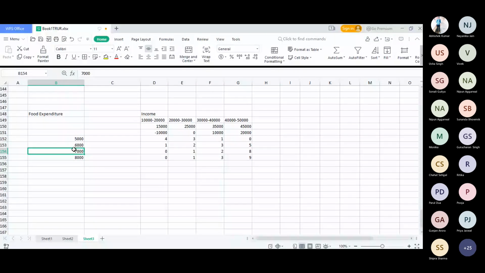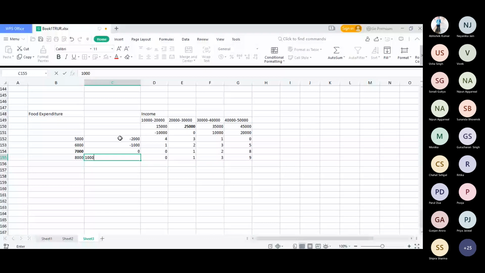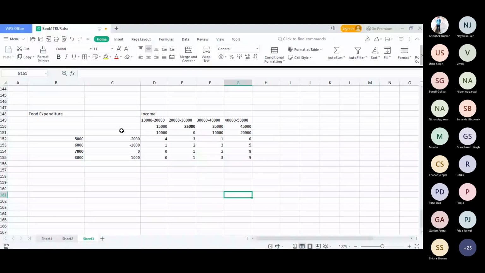So we are taking 7,000 as the assumed mean here. For dx we have taken 25,000 as the assumed mean. So now the values become minus 2,000, then minus 1,000, 0 and plus 1,000. So that becomes your values of dy.